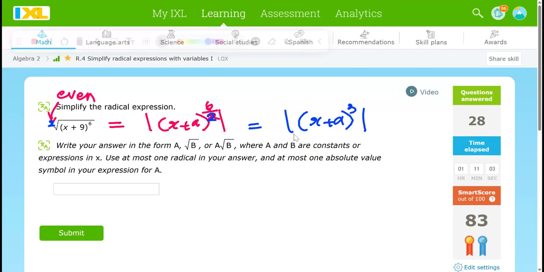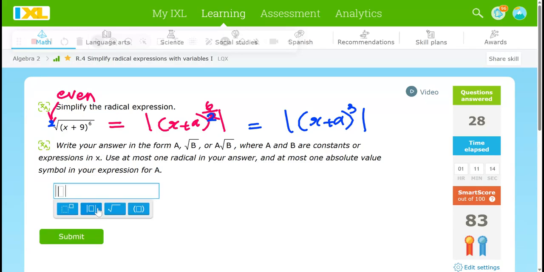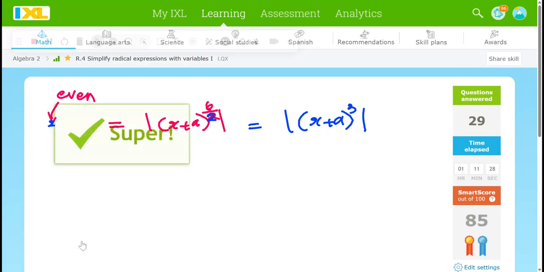Power 3 is odd, so I leave the absolute value sign. I put the absolute value, parentheses, x plus 9, then I move outside and press the power button, power 3. Voila.